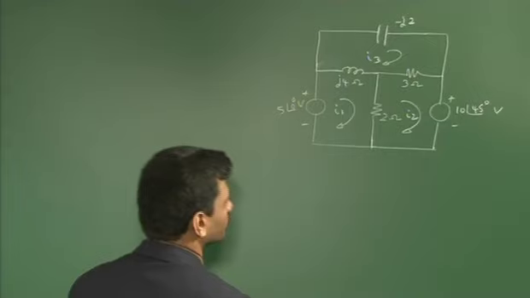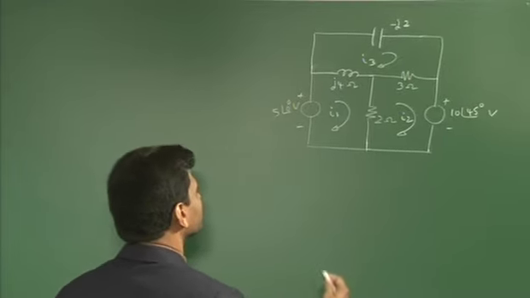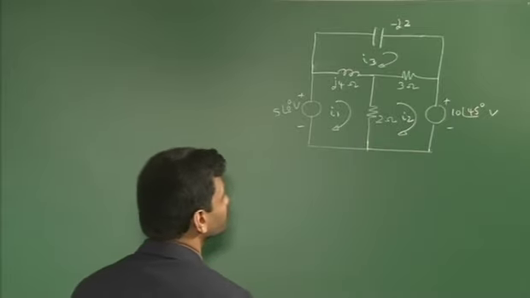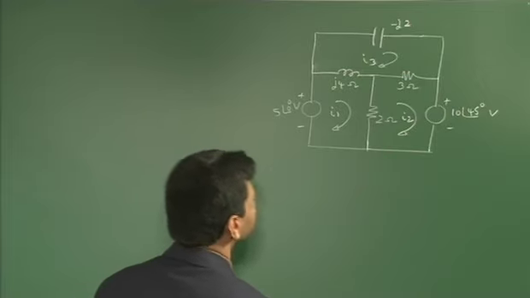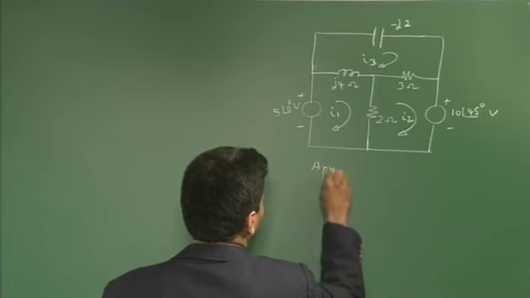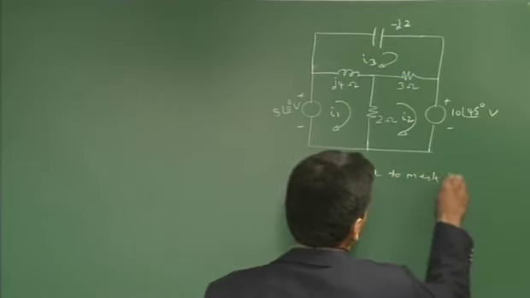If there are 3 meshes, we will have 3 equations represented in terms of the mesh currents I1, I2, I3. Then when we solve those equations, we will get the values of the mesh currents. So, apply KVL to mesh 1.